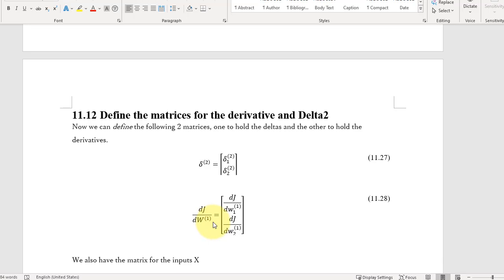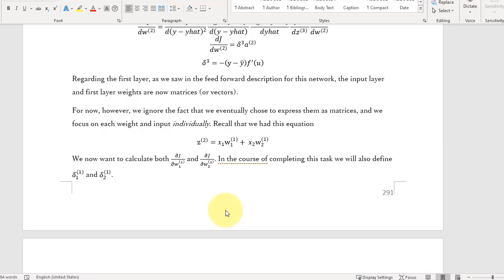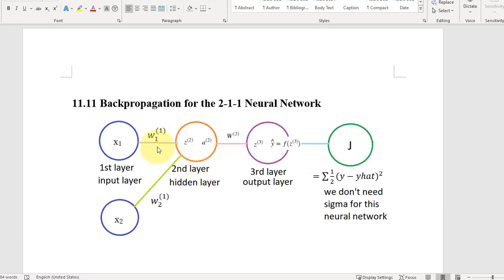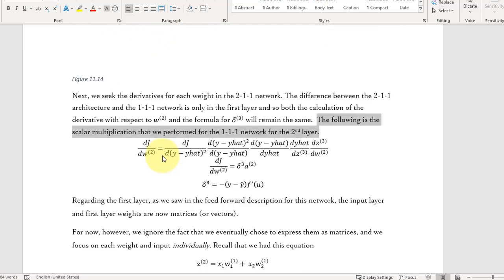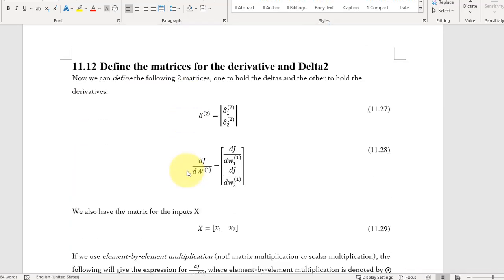This is capital W1, so that really refers to these two weights together as a matrix. But it sounds very strange to say the derivative of J with respect to a matrix. That sort of doesn't make any sense.